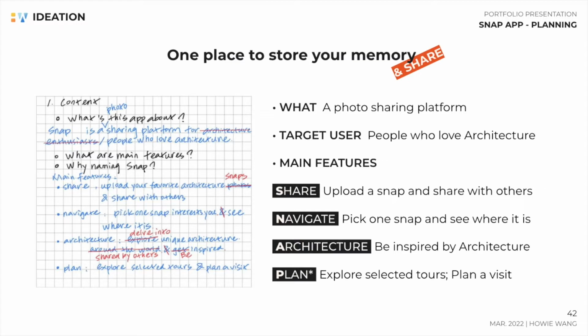The last three are features I think the application should have beyond the solution, just for people to see where it is located, maybe to learn more knowledge about the specific architecture, and potentially get inspired to plan a visit.